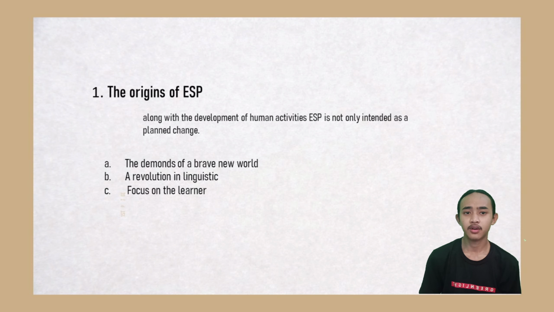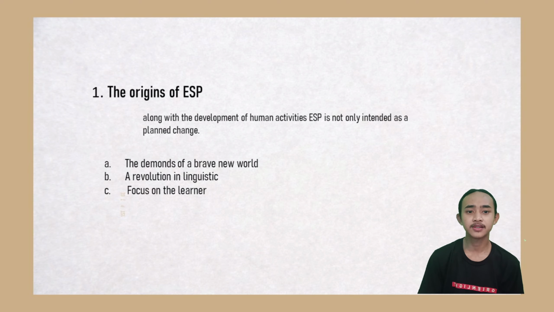Along with the development of human activities, ESP is not only intended as a planned change. A. The demands of the Brave New World. This happened because of the activity of exchanging goods and services after the World War. B. A revolution in linguistics.